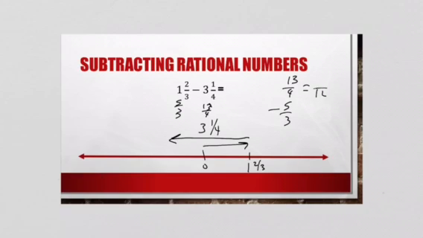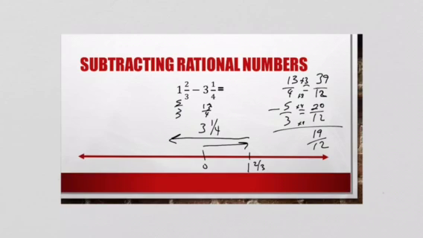So we're going to change those to twelfths. We get 39 twelfths minus 20 twelfths. So we end up with 19 twelfths.